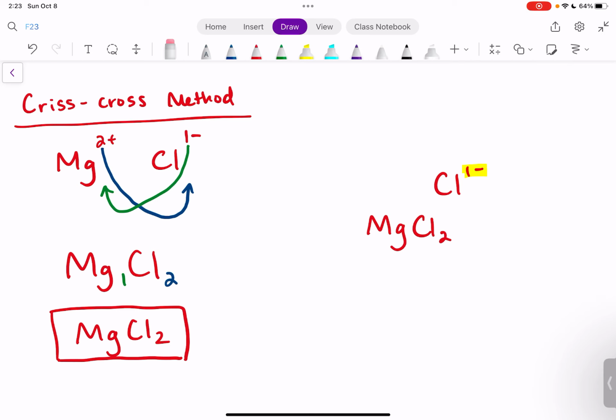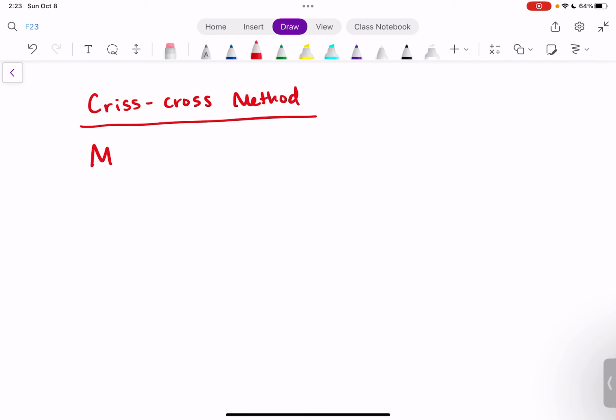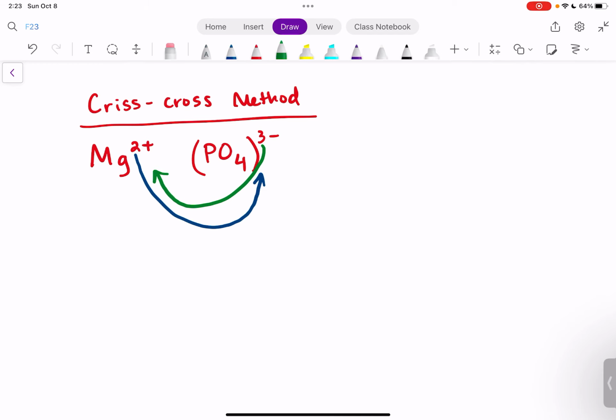So let's try another one: magnesium and phosphate. This is the same one that we did over there. With the crisscross method, we're going to take this number here and pop it down below, just the number. And then we're going to take this number here and pop it down below, just the number.